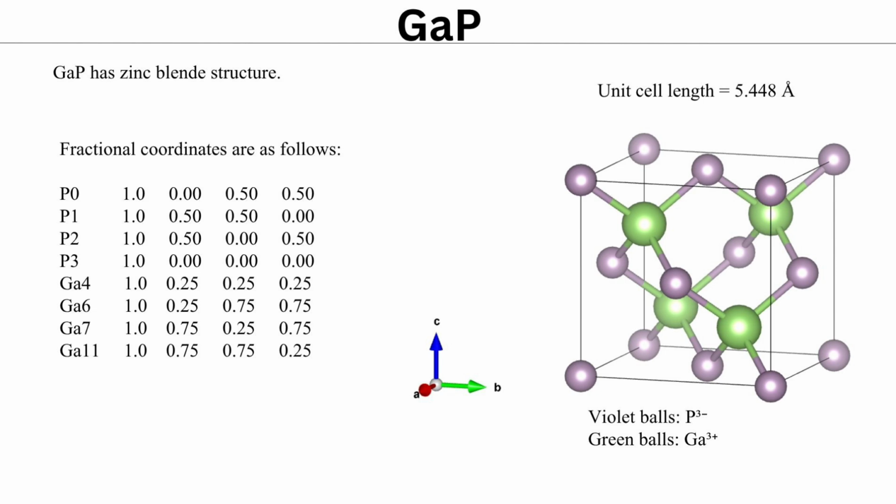Next we have gallium phosphide, or GaP. This has the zinc blende structure, which is common for many semiconductors like GaAs and ZnS. Both the gallium and phosphorus atoms are tetrahedrally coordinated. Each atom is at the center of a tetrahedron bonded to 4 atoms of the opposite kind.